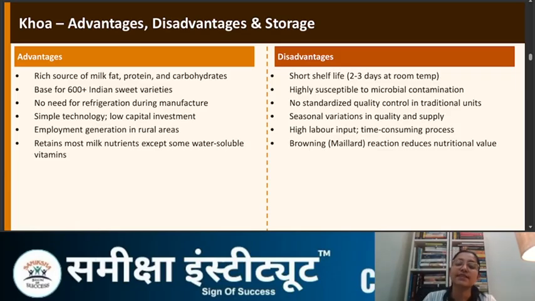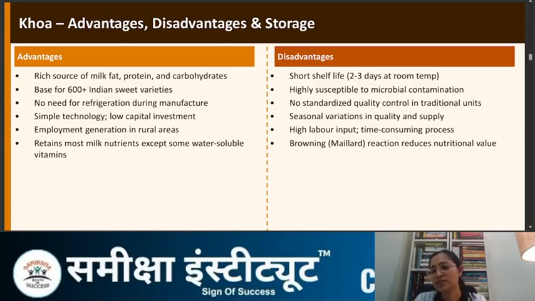Since it has very high nutritive value and a good amount of moisture, 60-65%, or around 30% or less than that, still it will be higher. The susceptibility to microbial contamination will thereby be higher.